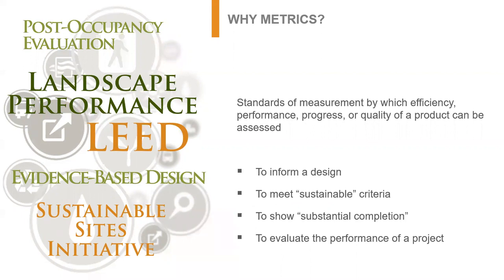This is when performance metrics are written into contracts to require that the project is delivered to a specific level of performance, even before it's delivered to the client. Another way that metrics are used, and the way that we're basically talking about today, is to evaluate the performance of a project. This can be done to help firms learn and improve on future work, and all of the reasons to measure that I mentioned in the last slide.